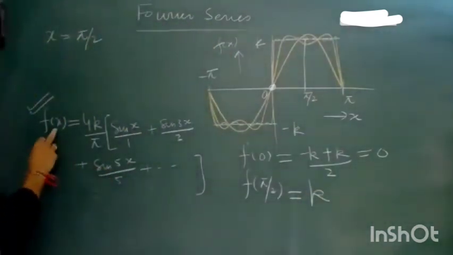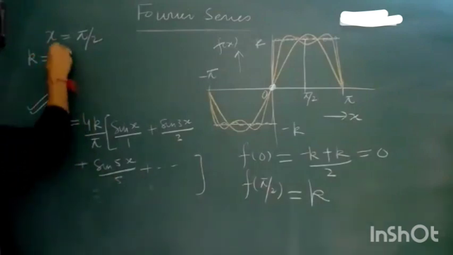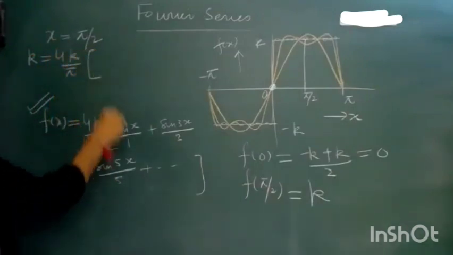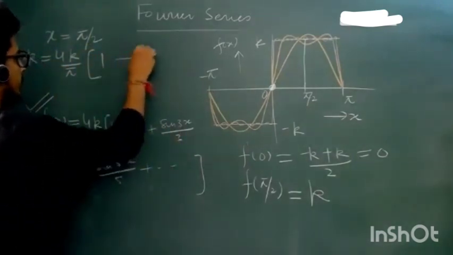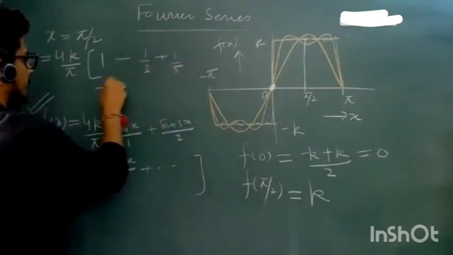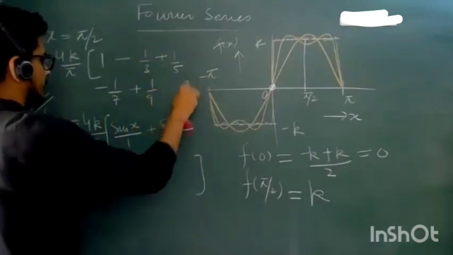So if I put x equal to pi by 2, this will become k equal to 4k by pi, and sine of pi by 2 will become 1. For 3 pi by 2, it will become -1, then +1, then -1, then +1, and so on.